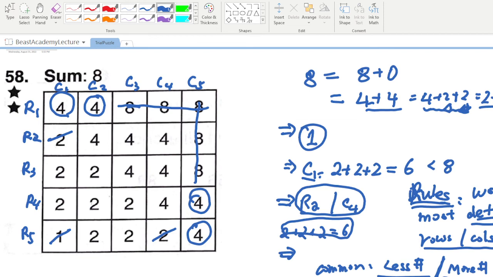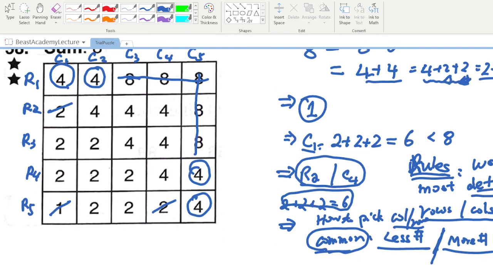We are just talking about the rule of how to pick the column or the row to work on next. The rule is we want to be more deterministic. More deterministic in this problem is equivalent to fewer choices, which means fewer numbers. Do you agree with me?